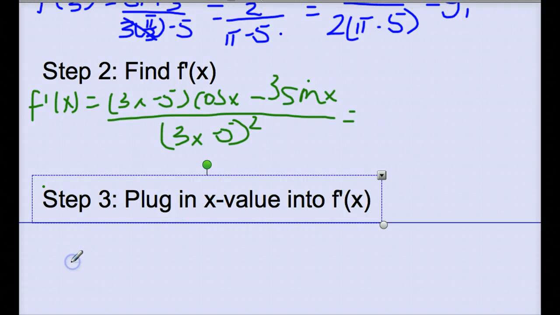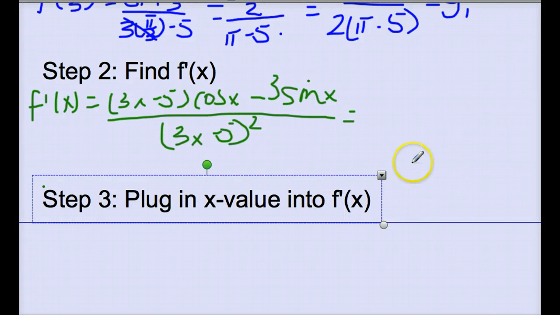Let's go ahead and do that. My x value, if you remember, is pi over 3.